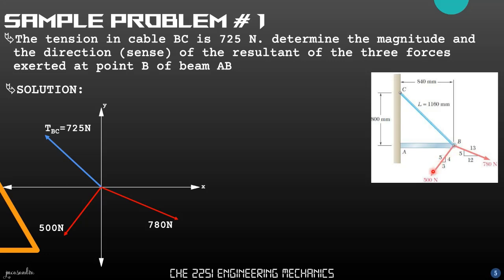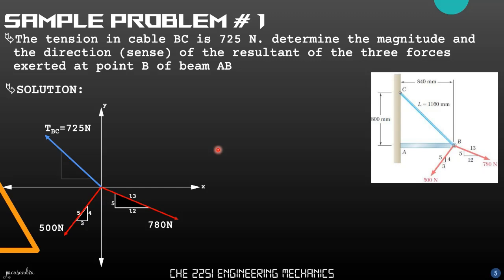For the applied force, 507.80 newtons, they have their ratios instead of the direction. And for the cable, we are given the distances from the endpoints of the beam AB.